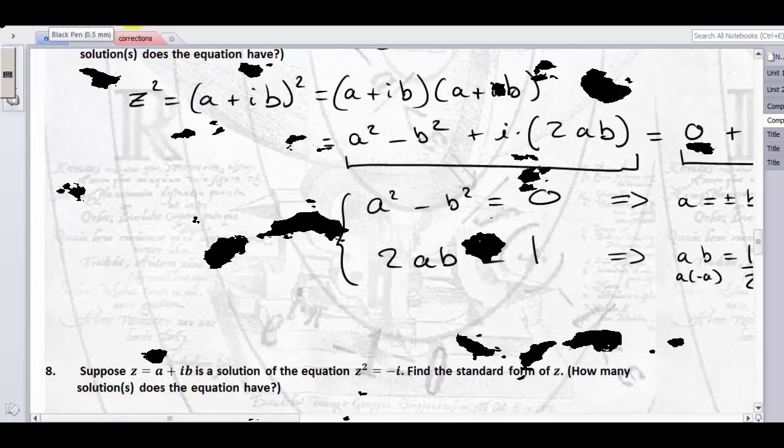Let's move to a definition. If you are given a complex number z, we call the conjugate of z the complex number a minus ib. You change the sign of the imaginary part, only the imaginary part, and there is a notation for the conjugate of z.